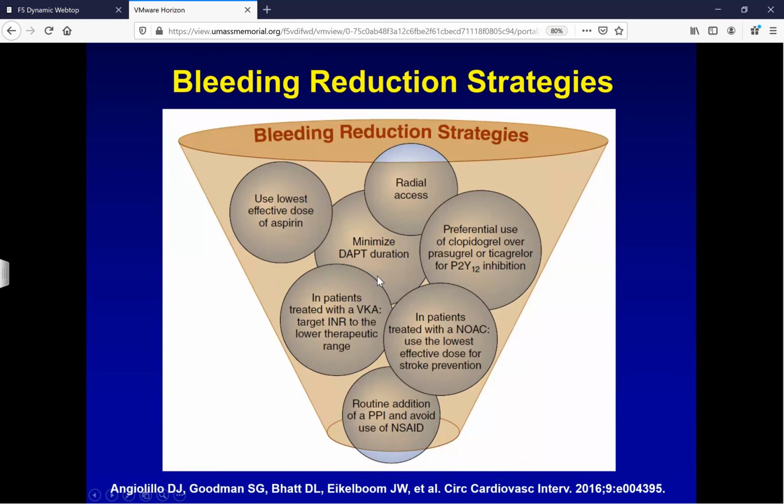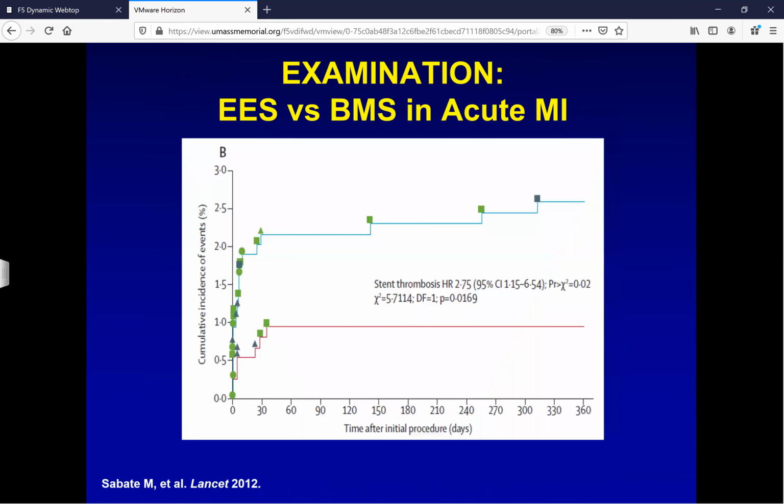Radial access, minimizing the DAPT duration to 1 year. If you are on a NOAC, trying to limit the use of aspirin, using a PPI, lowest effective dose of aspirin, and preferential use of Clopidogrel over Prasugrel or Ticagrelor are different strategies you can use to decrease the bleeding.